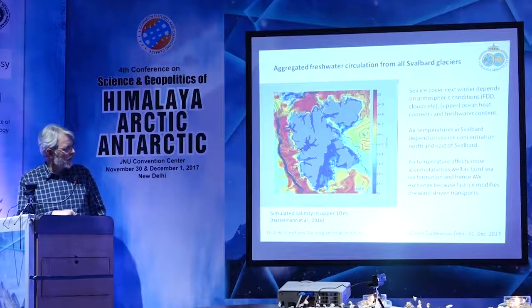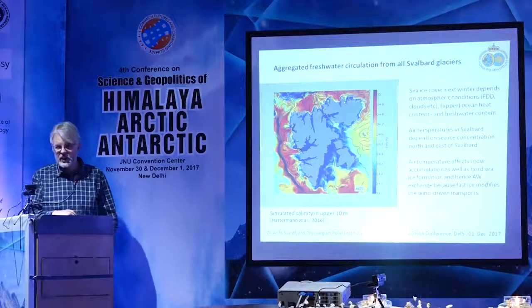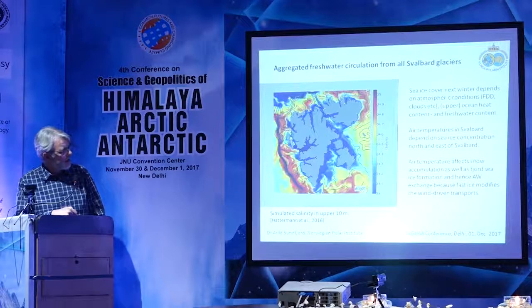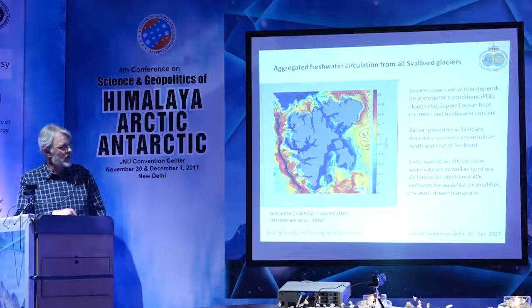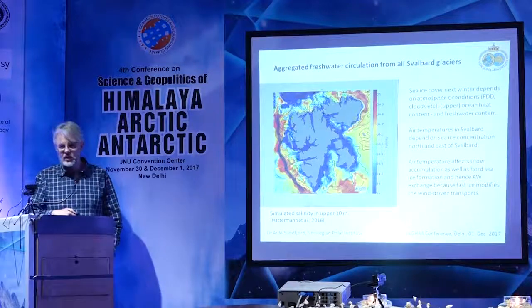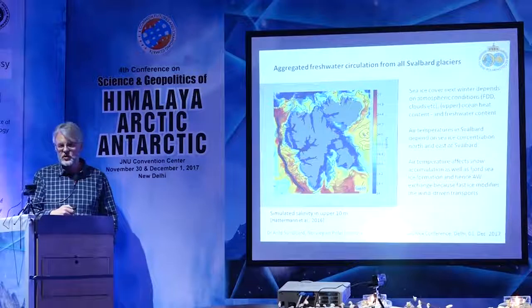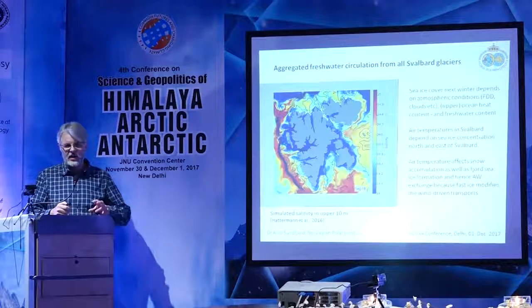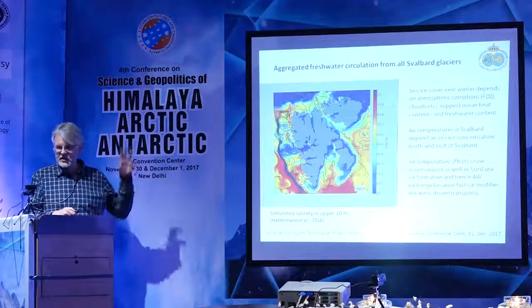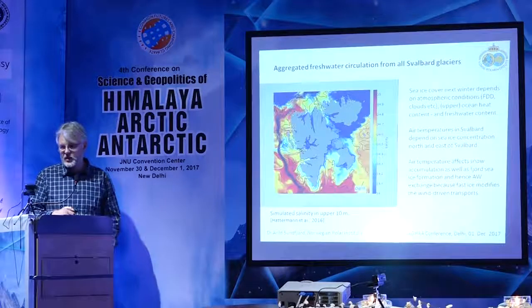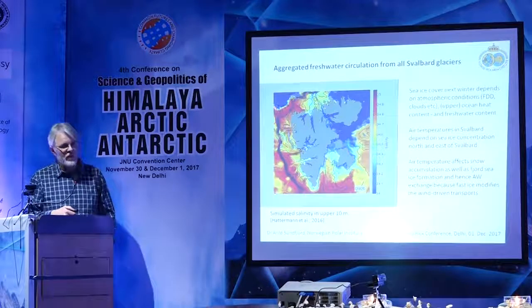Now you see freshwater coming out from all of those different glaciers, and a circulation is set up around the entire group of islands. Towards the end of the year in winter, a lot of that freshwater ends up over here. And it just so happens that this area is one of the last areas in this Svalbard region that has a significant sea ice cover in the last years.